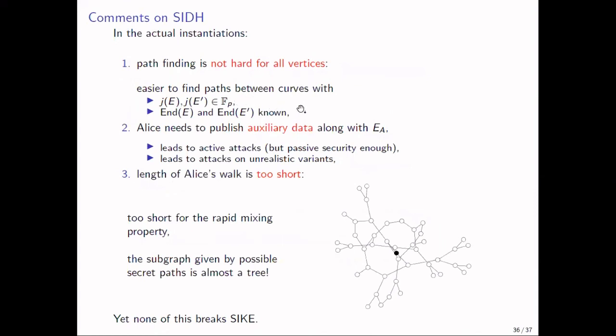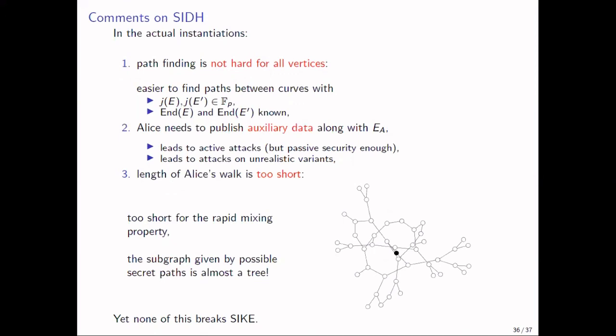It's easier to find paths if you know the endomorphism rings. For the actual instantiation, Alice needs to publish auxiliary data along with the endpoint, along with the elliptic curve. And this gives you active attacks. So you only get passive security, which is enough for crypto, but you still get active attacks.